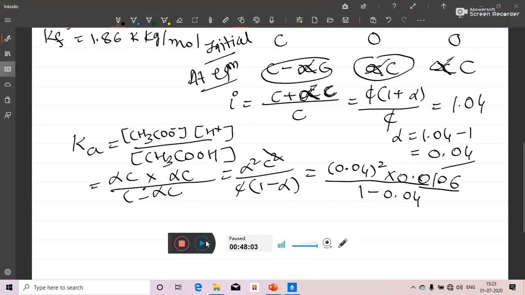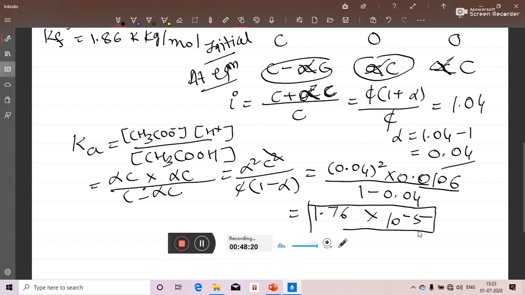On solving this, our final answer for the dissociation constant Ka will be 1.76 into 10 raised to minus 5. This is the second answer of the dissociation constant, that is 1.76 into 10 raised to minus 5.